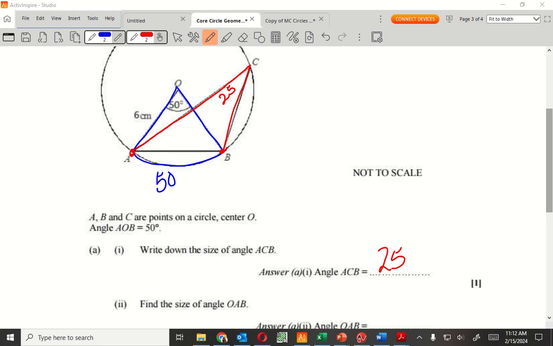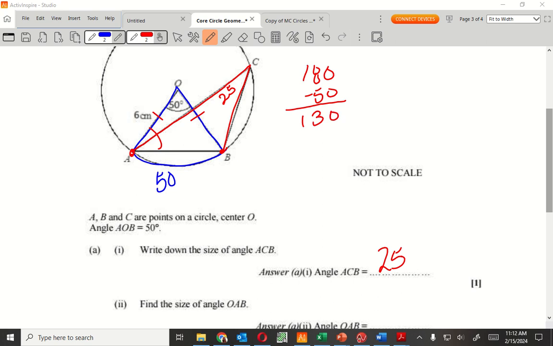Find the size of angle OAB. OAB is going to be from here to here. We had a problem like this earlier. The blue triangle right there is isosceles. If the legs are the same, then so are the feet, right? So if this is 50 right here, I know that all triangles add up to 180, so 180 minus 50 is 130.